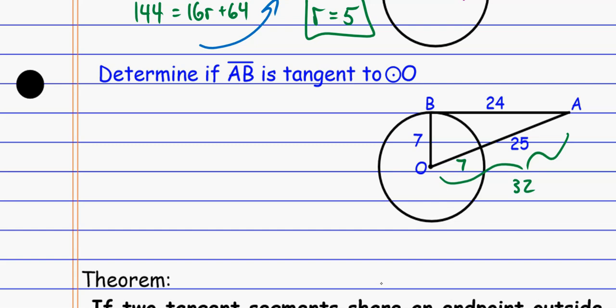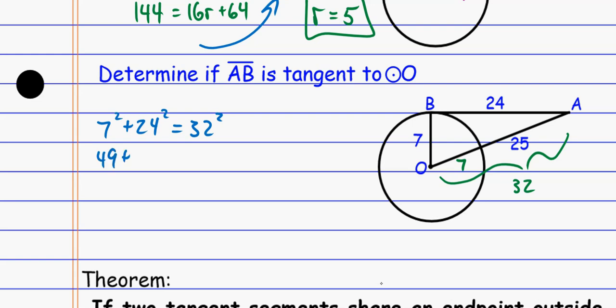And so in the previous example, we said, hey, it's a right triangle. I can use the Pythagorean theorem. Well, now let's test the Pythagorean theorem to see if it's a right triangle. And so once again, I do something like this. I say, okay, a squared plus b squared equals c squared. And I just work to see if this is a true statement. I do the 7 squared and I get a 49.